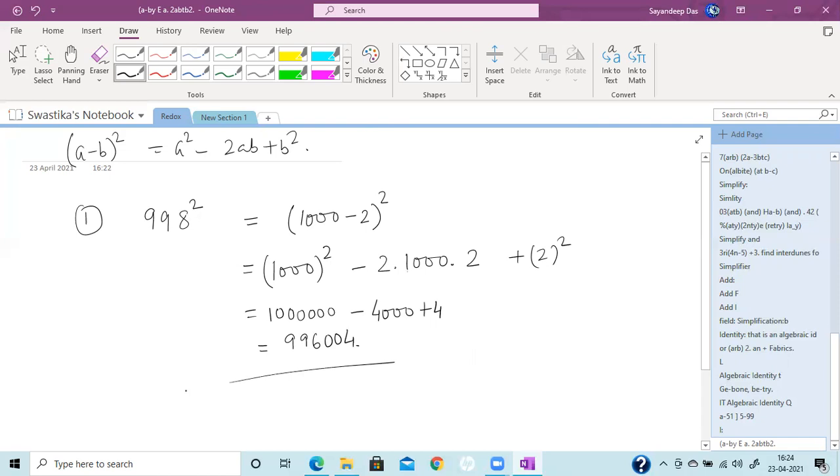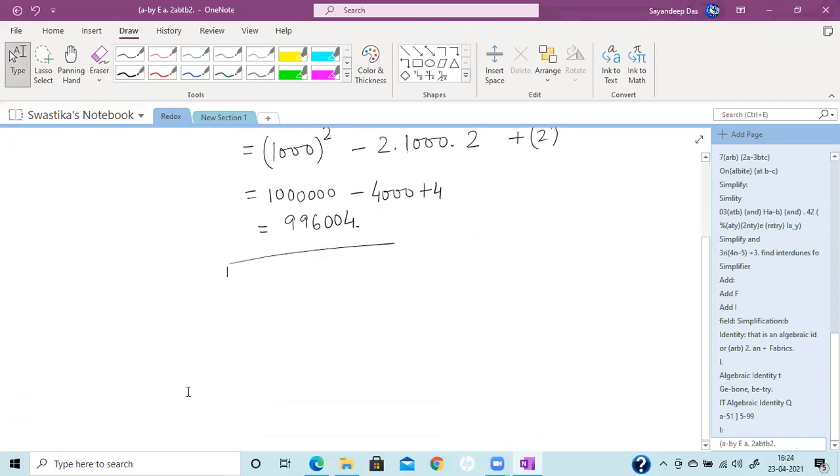Now let us see one complicated problem using the second identity. Suppose you are asked to find out 8.9 square. You can do this by (9 minus 0.1) whole square.